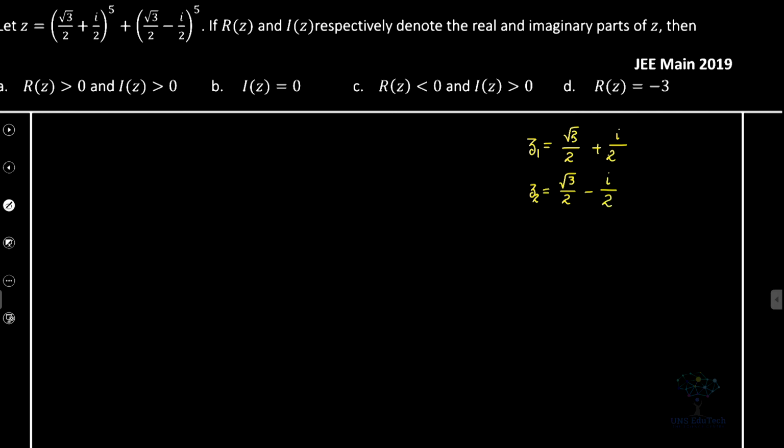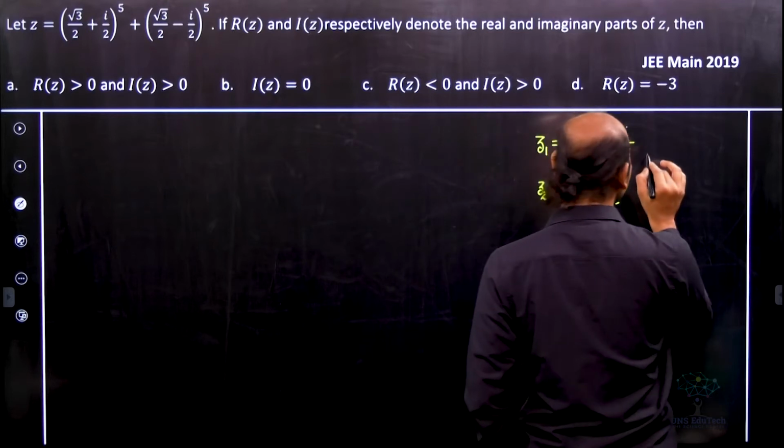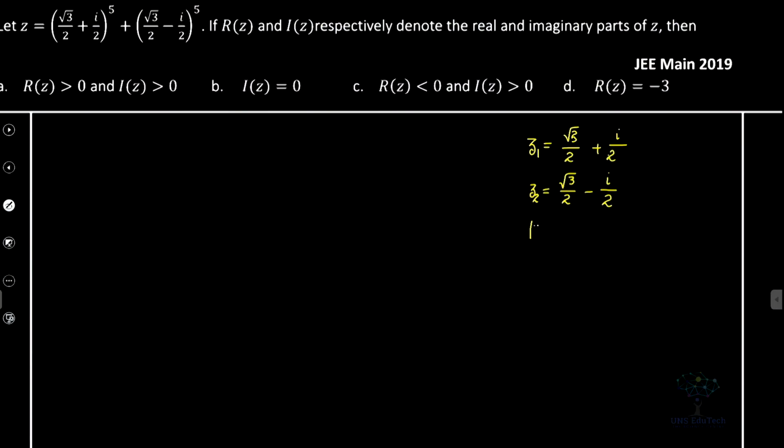Now let us calculate mod z1 and mod z2. Mod z1 is the square root of 3 by 4 plus 1 by 4, which gives you 1, and similarly mod z2 is the same thing, because it's the conjugate.